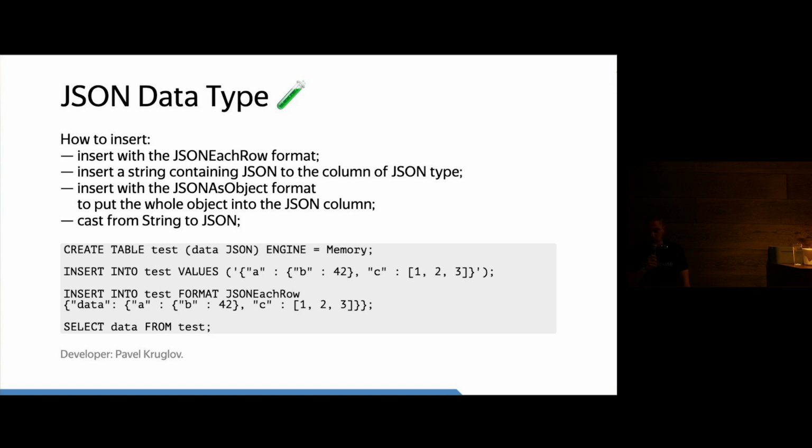You can insert rows directly, just a JSON string, into this test table as well, and that will insert that data. Or you can use JSONEachRow, which will go through and scan every single JSON row and then insert that data into ClickHouse. So it's a pretty cool, exciting feature that's come out. It's been long anticipated and it's exciting to have it out there.